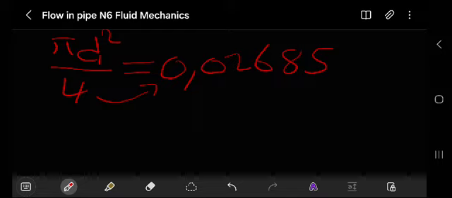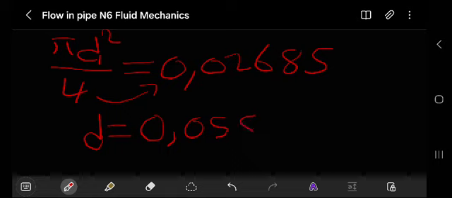You're supposed to find that d will be equal to 0.585.